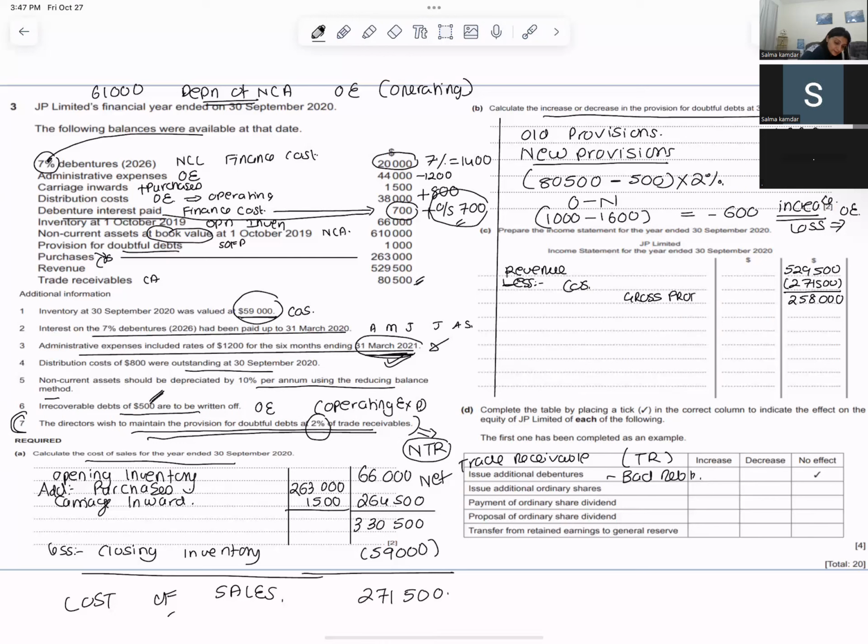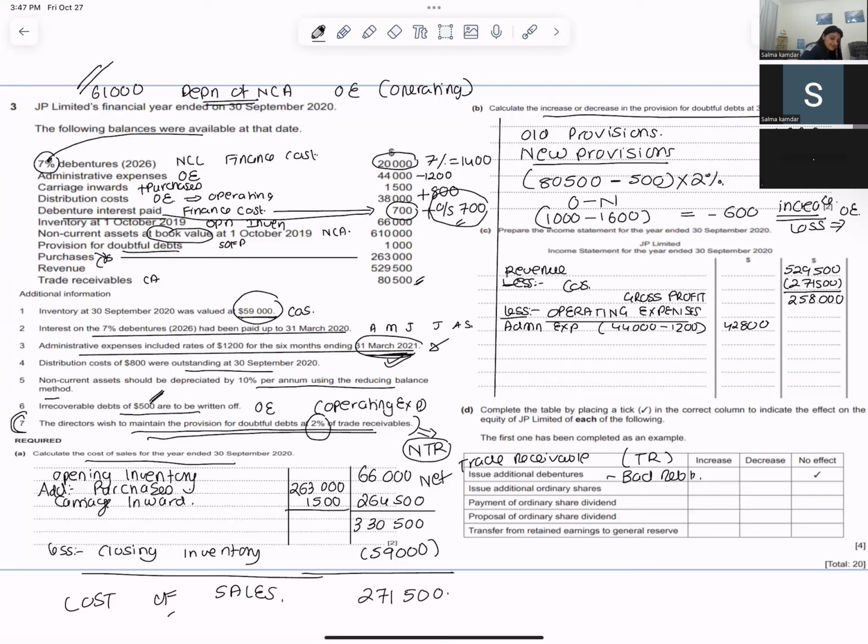Now we do less operating expenses. What are your operating expenses? Administrative expenses, you have already done with your adjustments. Distribution 44,000 minus 1,002 minus 1,300. So what is it? 42,800.